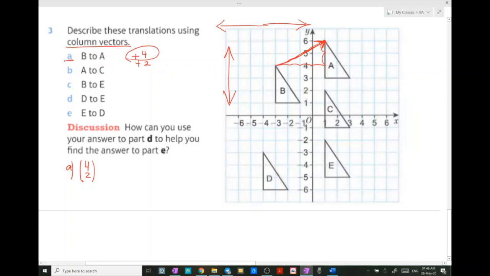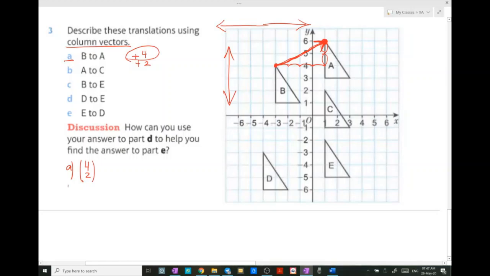So in order to reach this vertex, from this vertex to this vertex, you cannot go directly to it, which represents the vector. You should go from this vertex alongside the x-axis 1, 2, 3, 4, and then you go upwards 1, 2 in order for you to reach the second vertex.